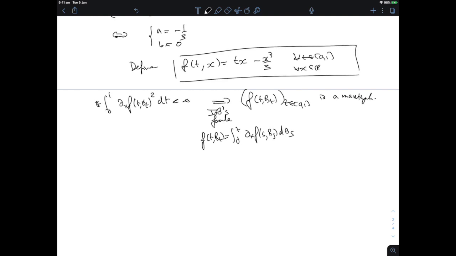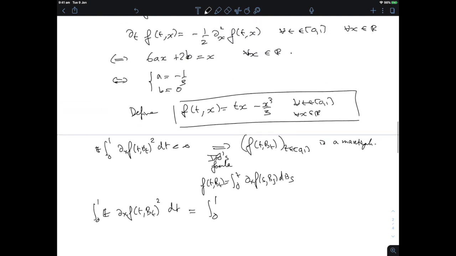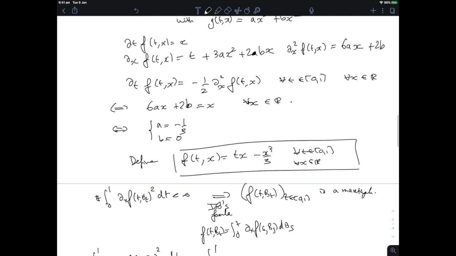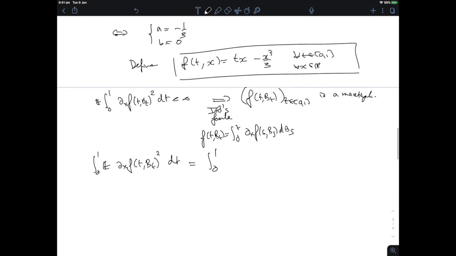So let's check that I'm indeed integrating an H2 process. So let's compute the integral from 0 to 1 of the expectation of ∂x f(t,Bt) squared dt. What is that? ∂x f(t,Bt) is here, so it's t minus x squared. So I'm computing the expectation of t minus Bt squared, and then I square that, dt.